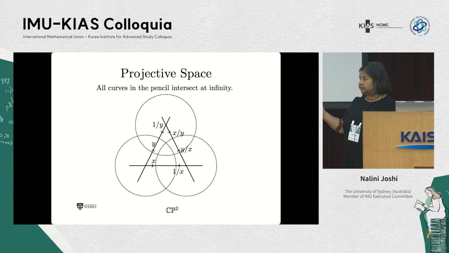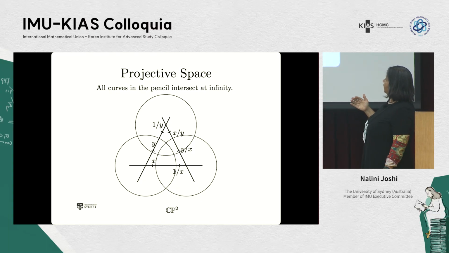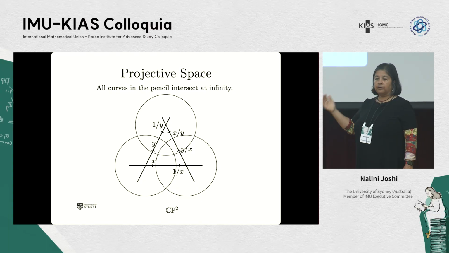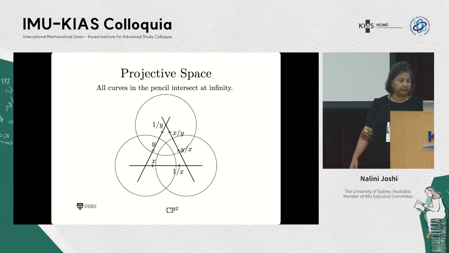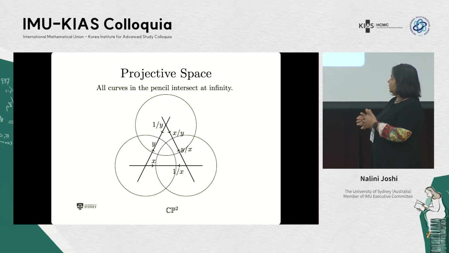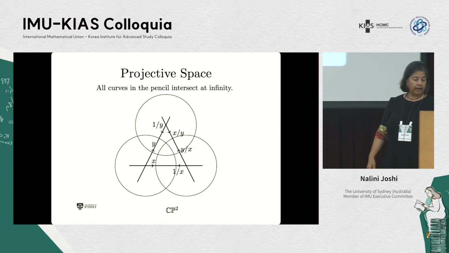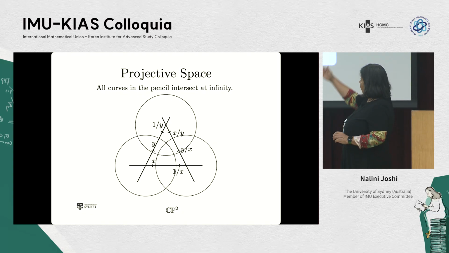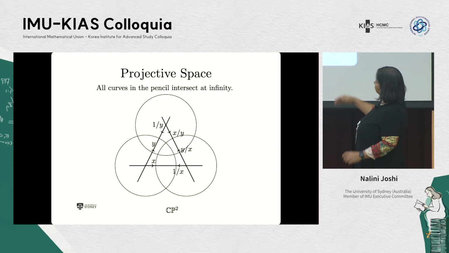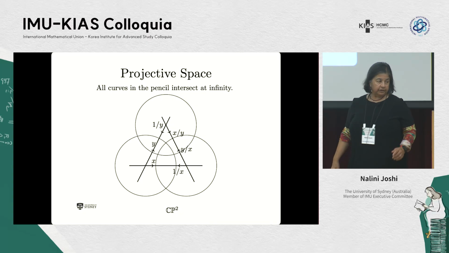Remember, y is the derivative of the P function, and where x is infinite, so will y be. They both have poles at the same place, and that's called a base point of the pencil. They all intersect there. I'm also interested in the line on the right-hand edge of this triangular chart picture, and I'm going to label that L infinity.